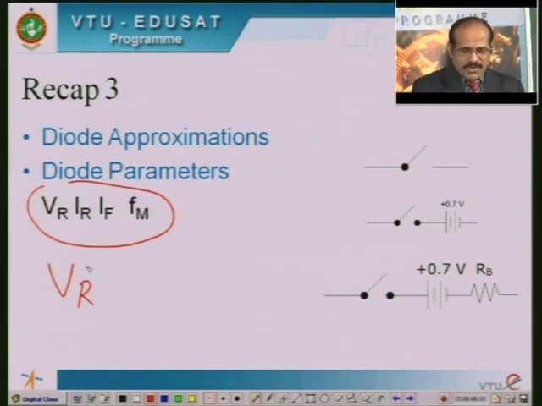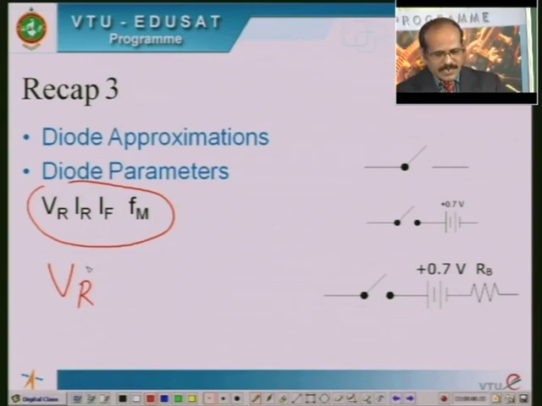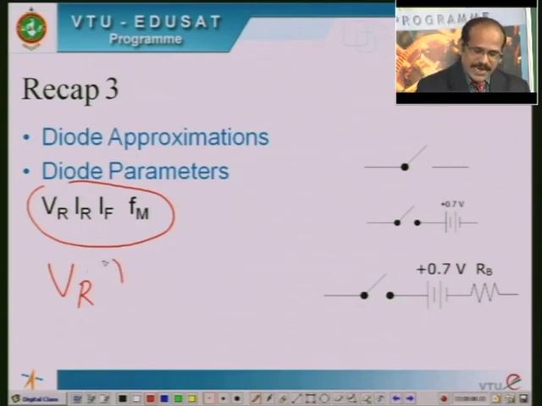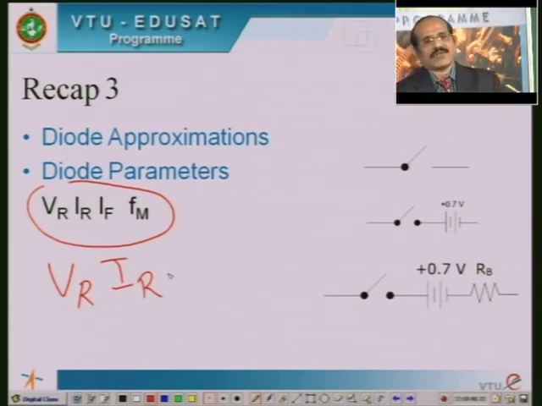Therefore, VR is defined as the maximum value of reverse voltage that can be applied across the semiconductor device. The second parameter is IR, the maximum allowable reverse current that can flow through the device when it is reverse bias.